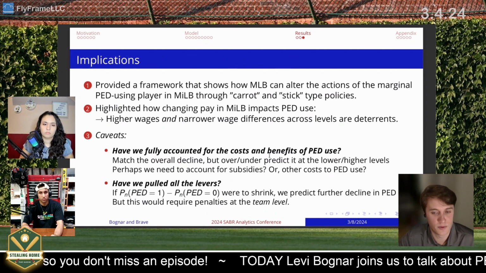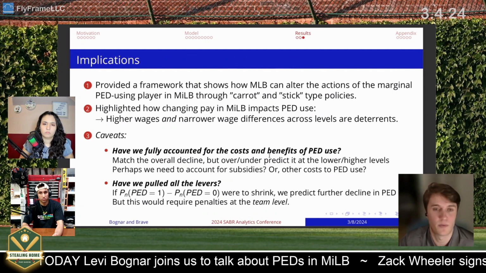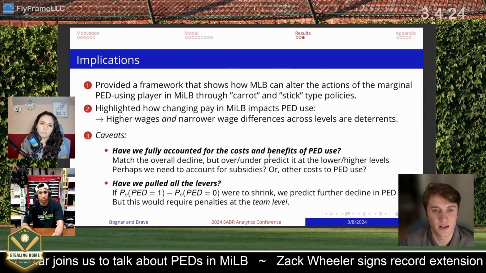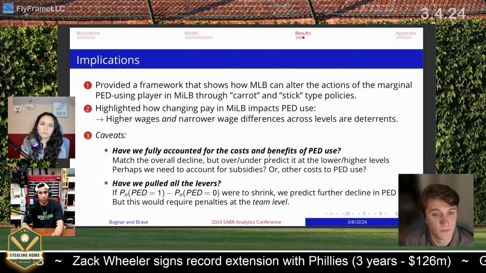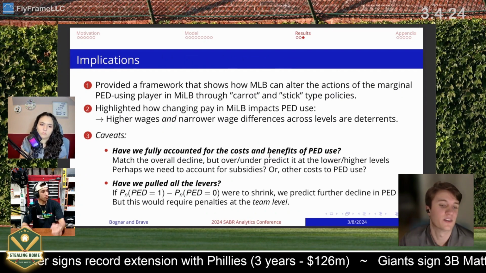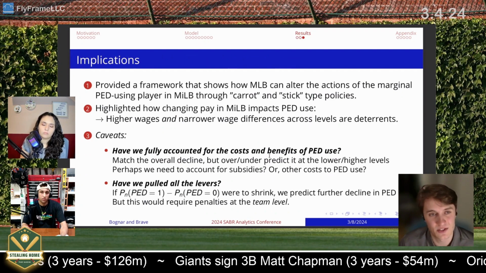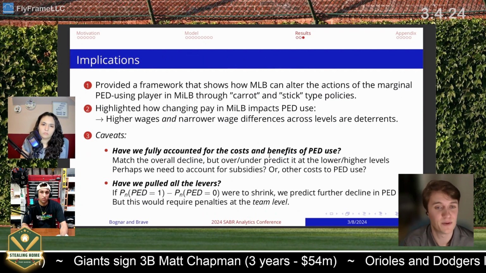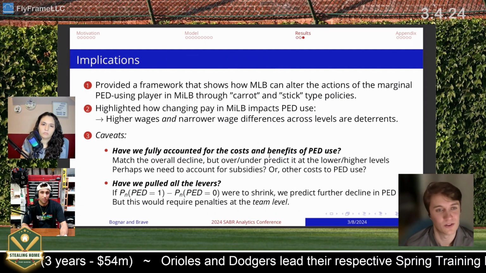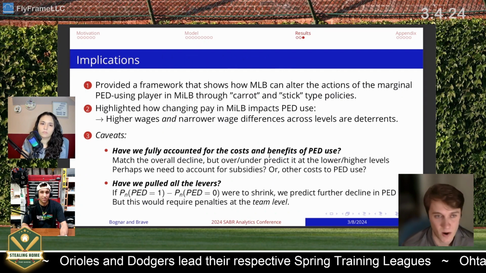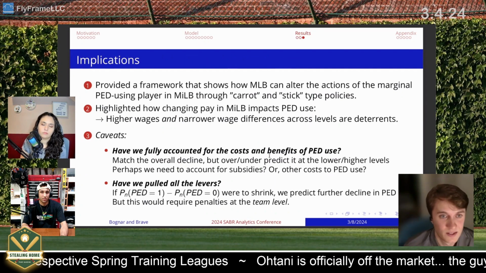And if these transition probabilities were to shrink, we would of course expect a further decline in PED use, because players aren't going to use PEDs if they don't expect their probabilities of getting promoted to the next level to increase. However, this obviously is very difficult, because in order to do that, it would essentially require teams to apply discounts to the performance of PED using players. And I'm not necessarily sure teams are going to want to do that. They're going to want to promote players as quickly as possible in order to reap the benefits of their play.